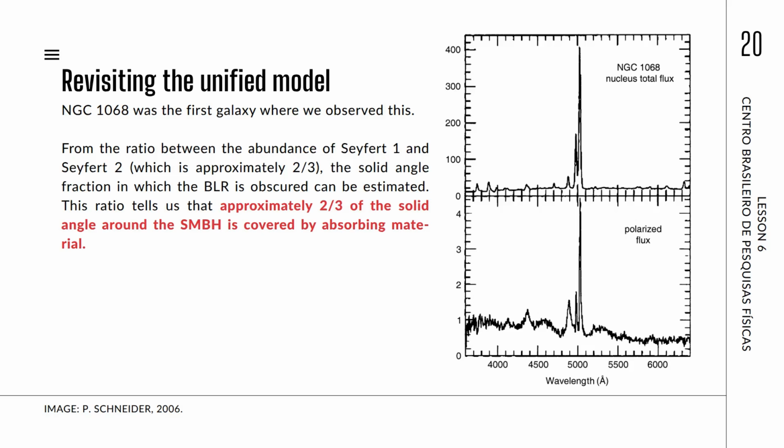I think this was the first measurement of this type, the galaxy NGC 1068. So we had these very narrow emission lines. When we take the polarization of this spectrum, we can see the polarized version, and the appearance of these broad lines.